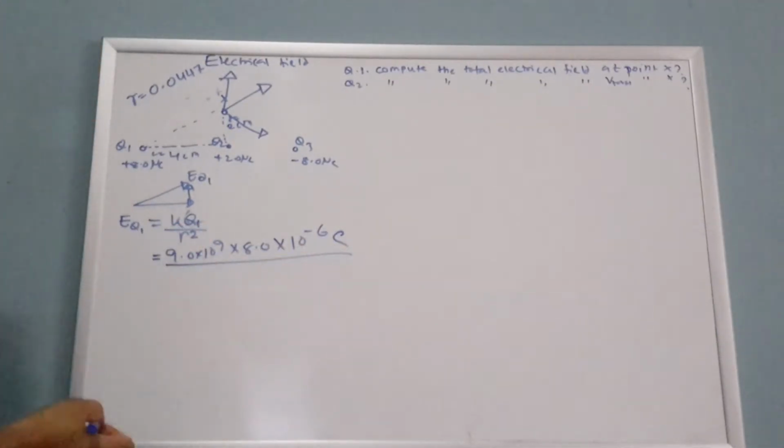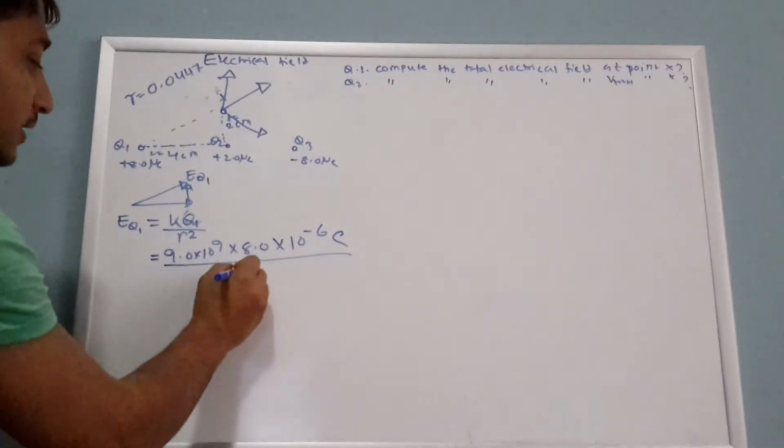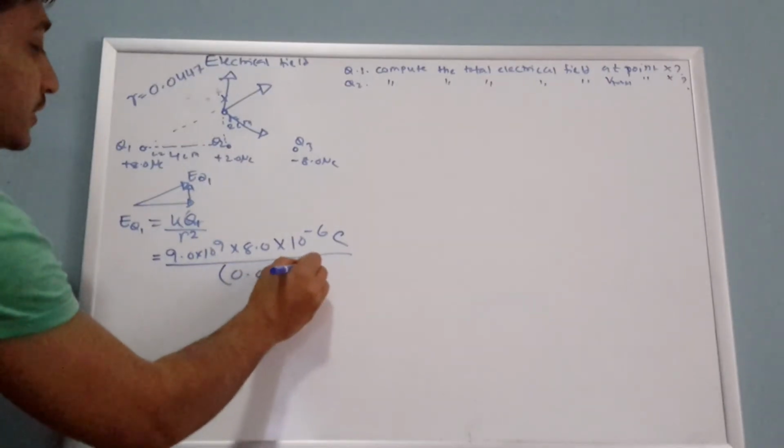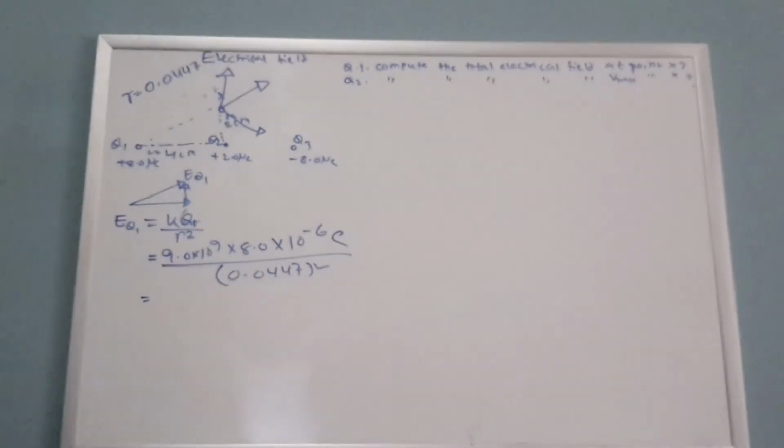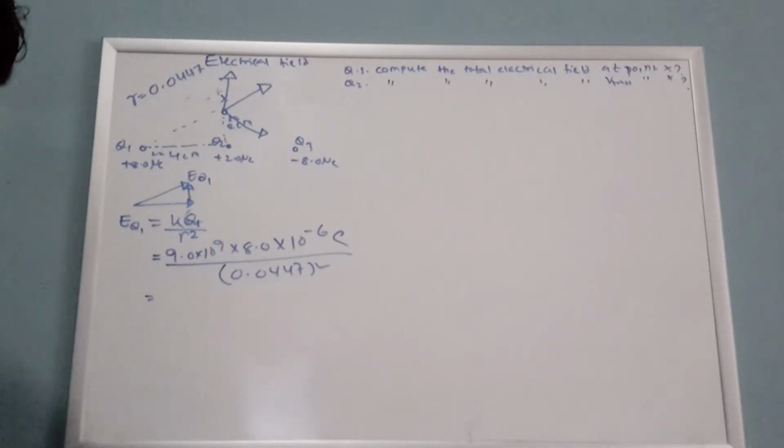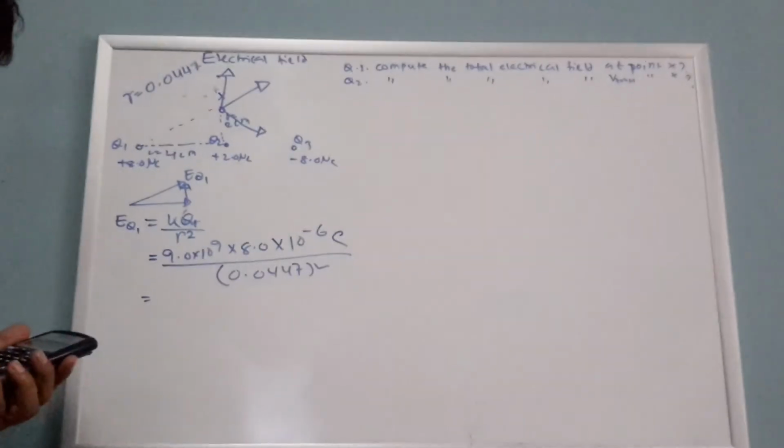And R we do know right now, R is 0.0447 squared. If you apply them into the calculator, it will become 9.0 times 10 to the power 9 into 8.0 times 10 to the power negative 6 divided by 0.0447 squared.